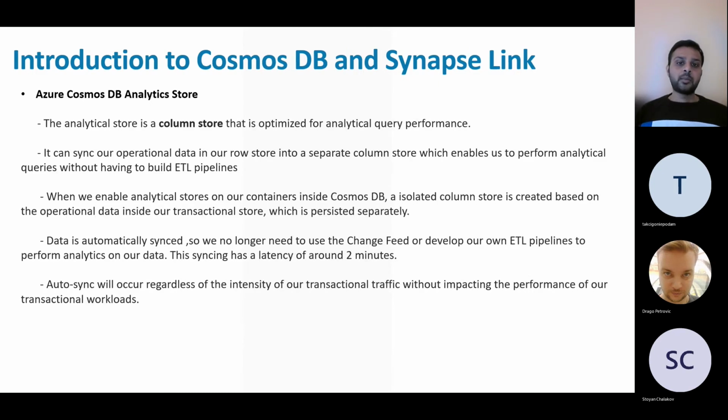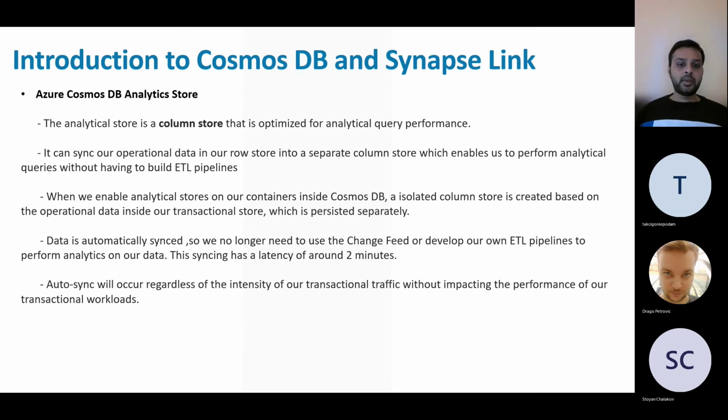The Analytics Store is a columnar store, which is an optimized format to perform analytics. So basically, it will improve the query performance. We can also sync the operational data from our row store into a separate column store, which enables us to perform analytical queries without building ETL pipelines. We can also enable analytical store on a container inside Cosmos DB, and the operational data inside the transactional store is persisted separately.